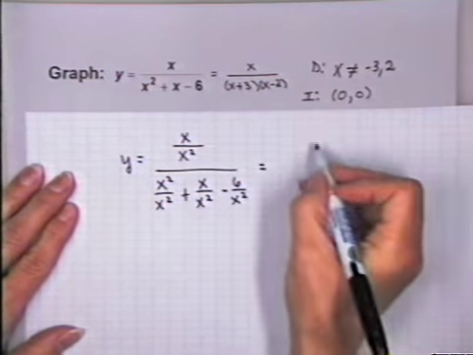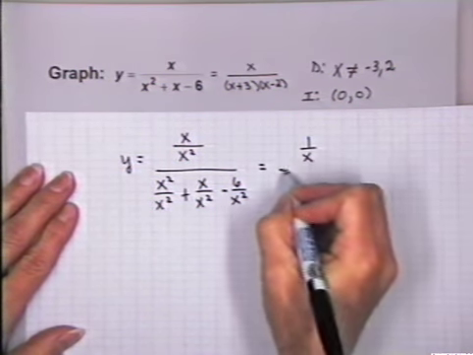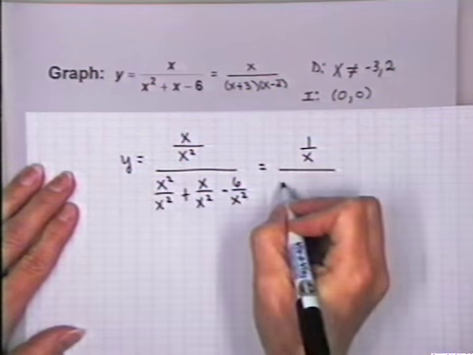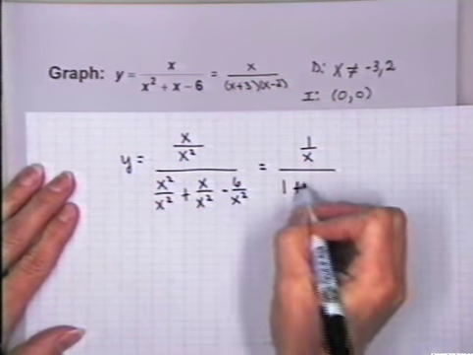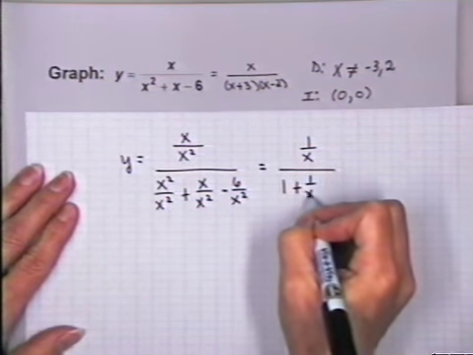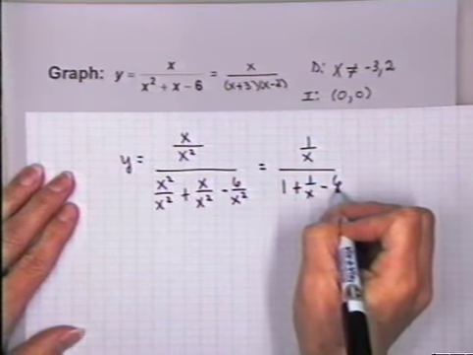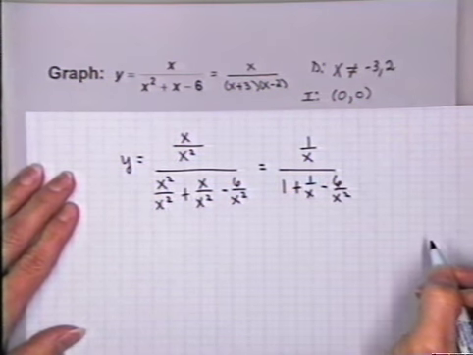x divided by x squared is 1 over x. x squared divided by x squared is 1. x divided by x squared is 1 over x. And then we have minus 6 over x squared.